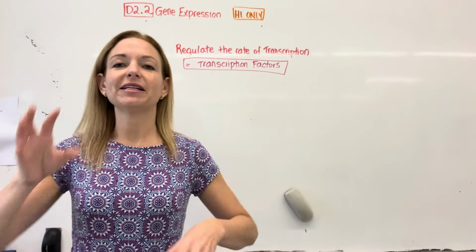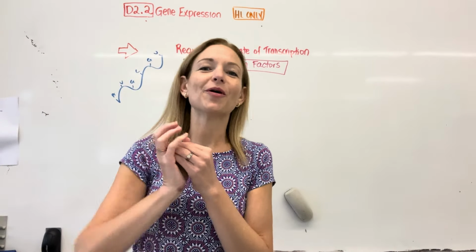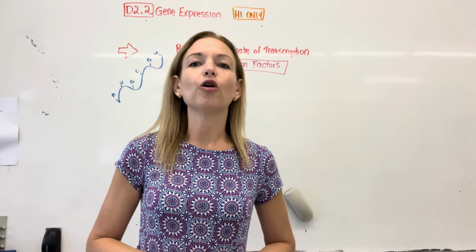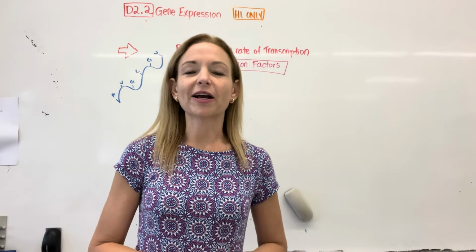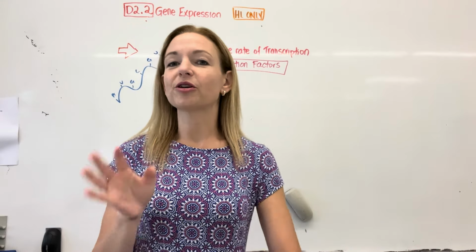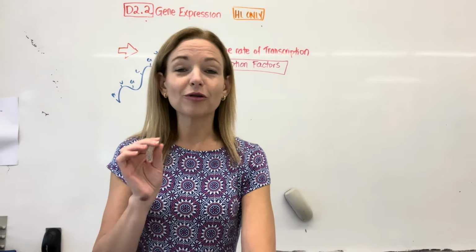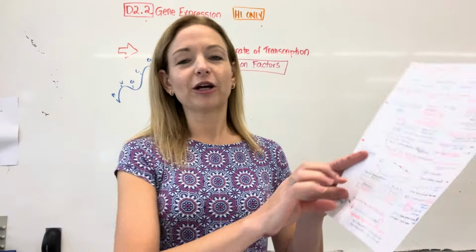It has to have a transcription factor sitting on the promoter to allow RNA polymerase to bind. So transcription can only happen when transcription factors are involved, although some transcription factors slow down the rate, some increase the rate.